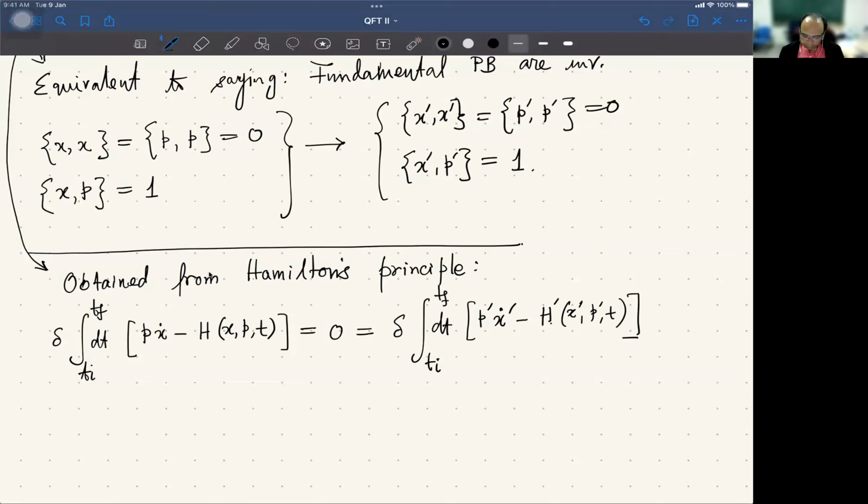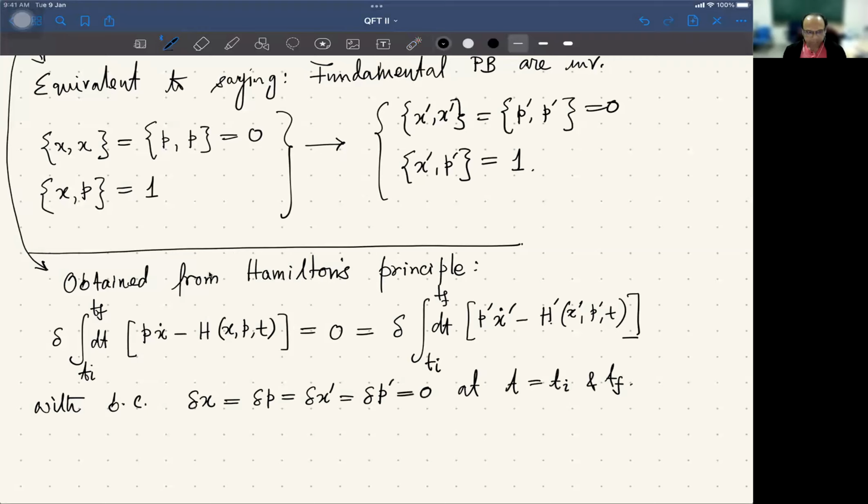Now, okay, now this is with the boundary condition that delta x equals delta p equals delta x prime equals delta p prime equals 0 at t equals ti and tf.